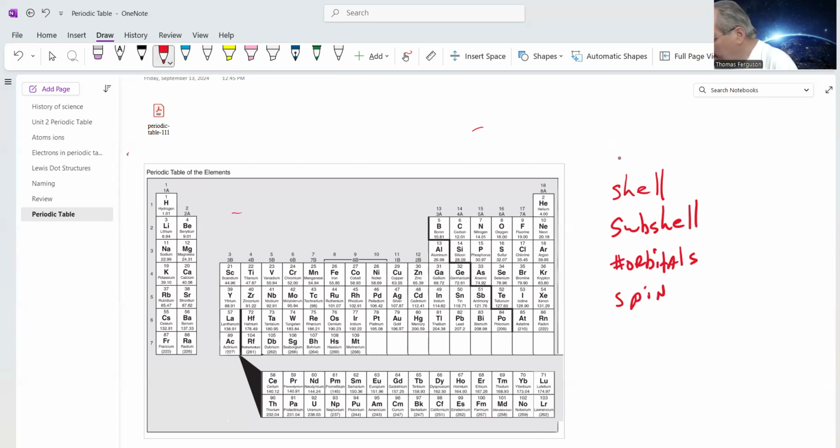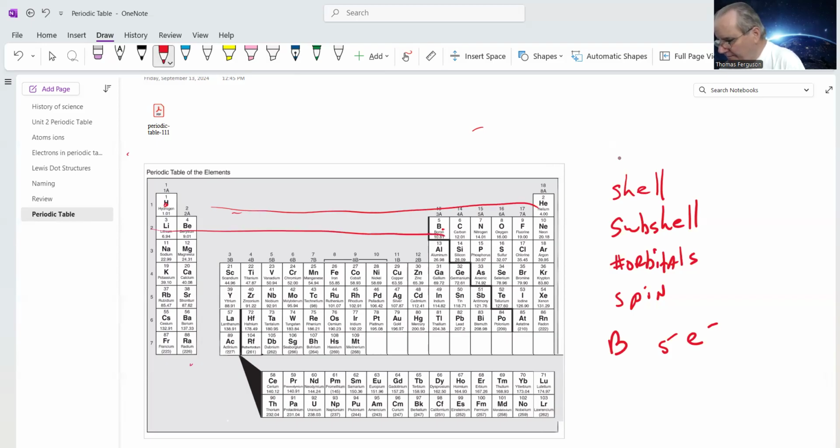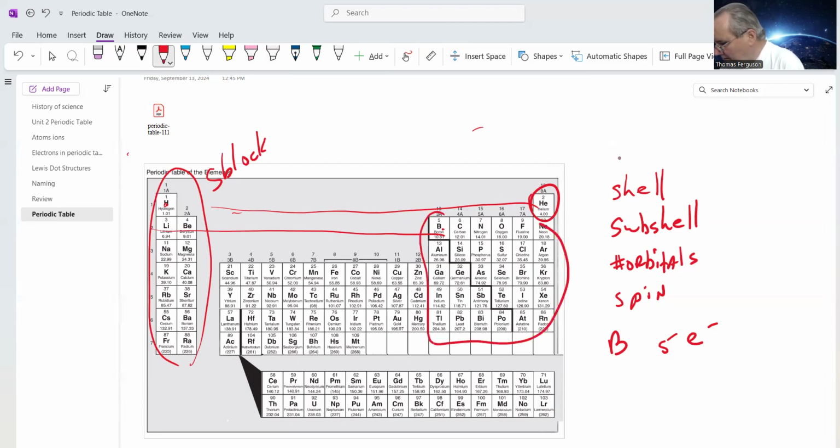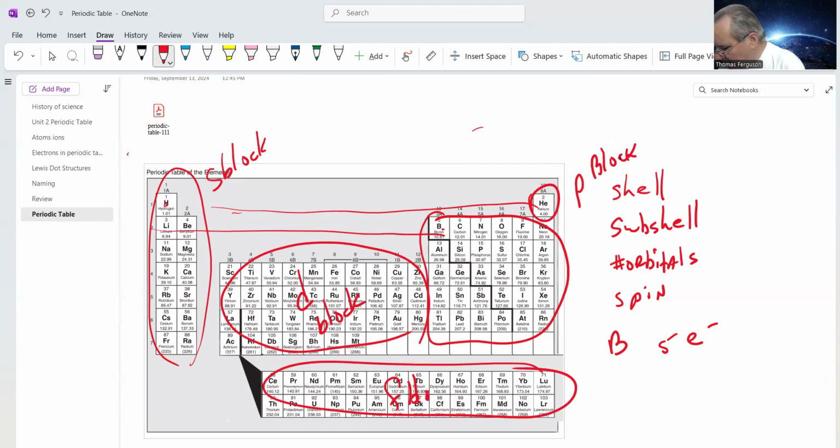So if we look at boron, for example, boron has 5 electrons. We're going to start here and go to boron, and we're going to pass through the S block, the P block, the D block, and the F block.